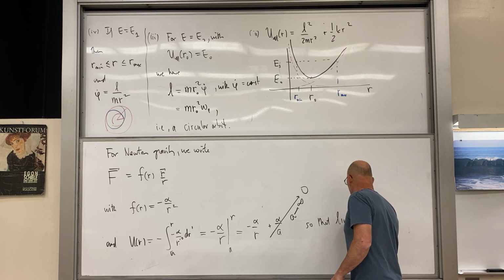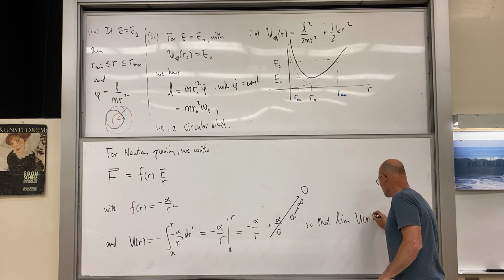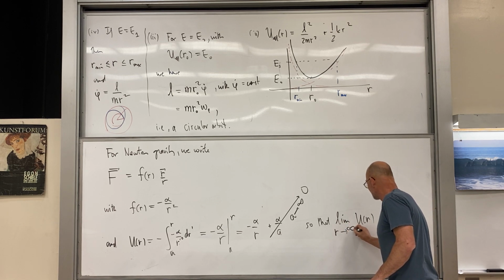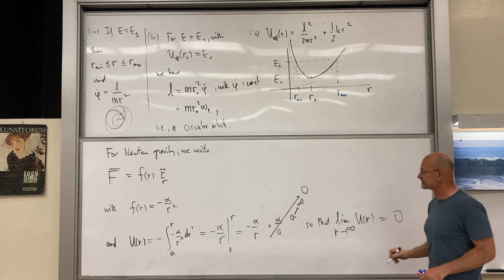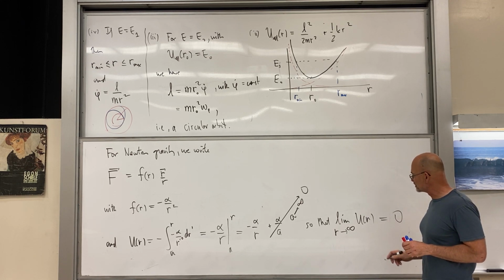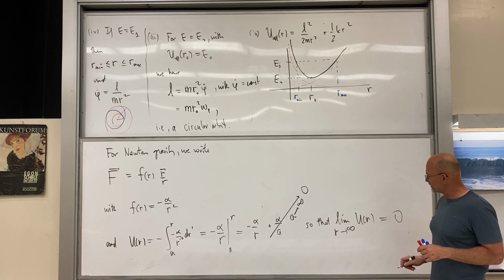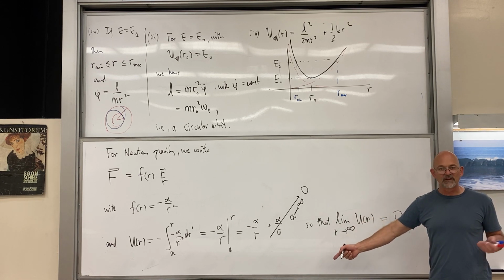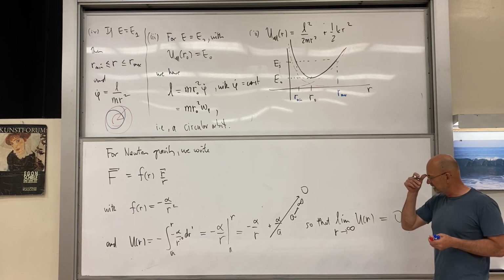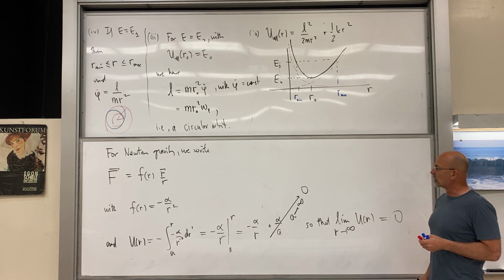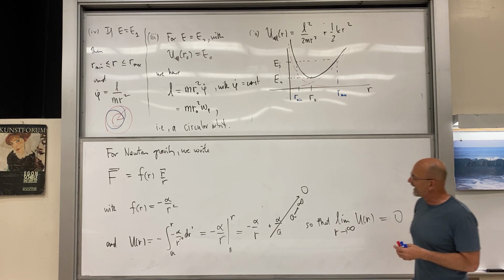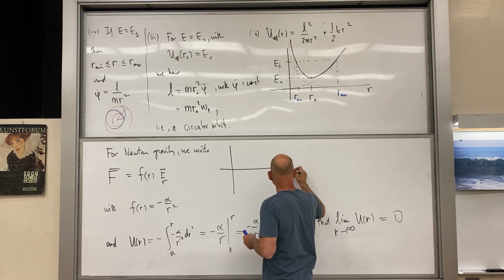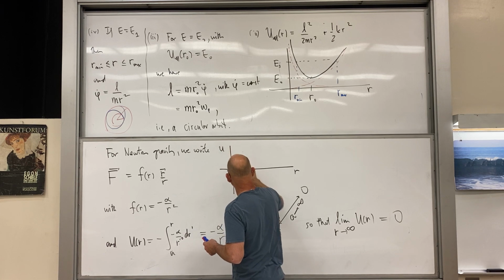So the limit of U of R as R goes to infinity is equal to 0. That's the standard convention with the gravitational force. Its potential energy, we choose the constant, so the potential energy out at infinity goes to 0. And of course that allows us to graph, I'll do it right here, U of R like this.